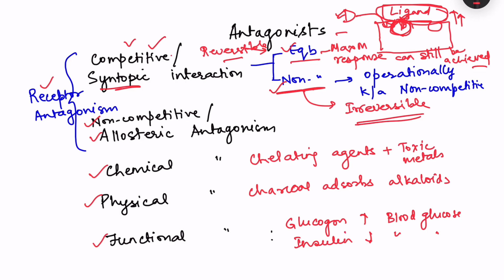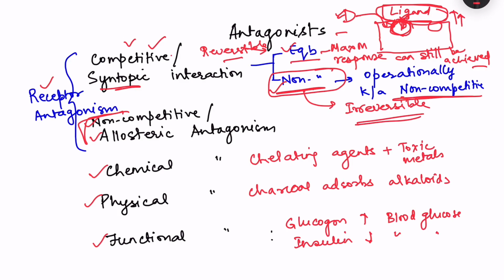So now the ligand cannot occupy that particular receptor site, and the maximum response will also be decreased. You keep on increasing the concentration of the ligand, it doesn't matter, because it cannot replace the drug. Operationally, this non-equilibrium binding is also known as non-competitive type, because here also there is no real competition. The ligand is not able to replace the drug because of the very strong binding of the drug with the receptor site.